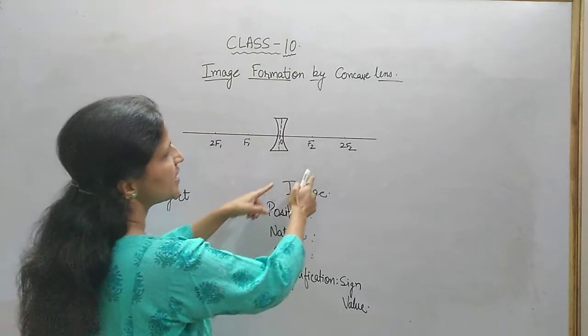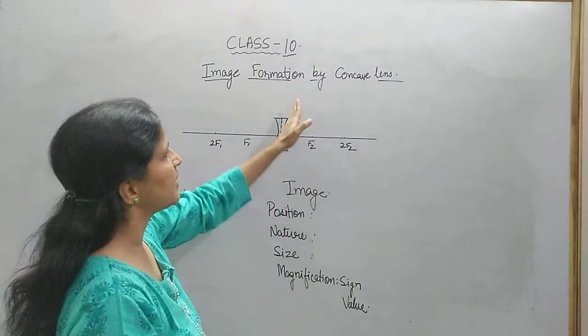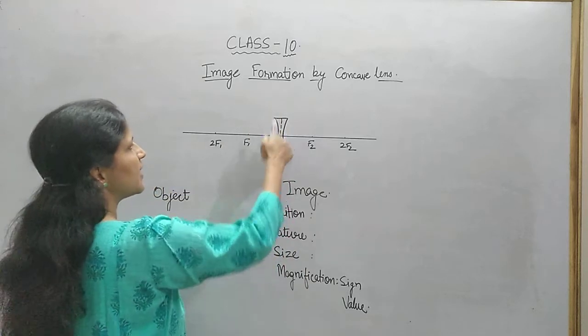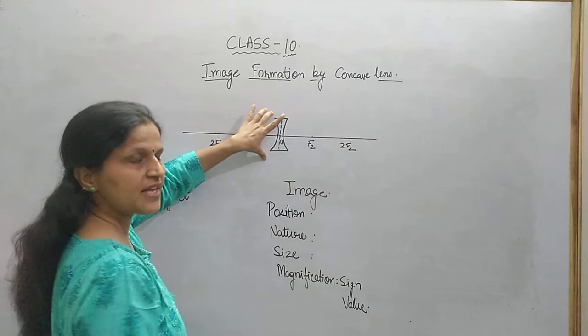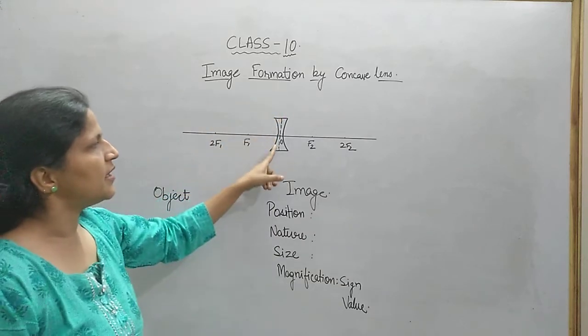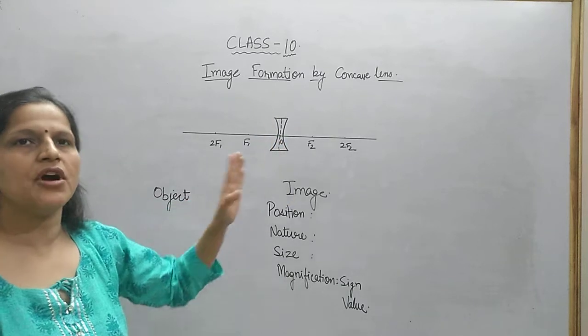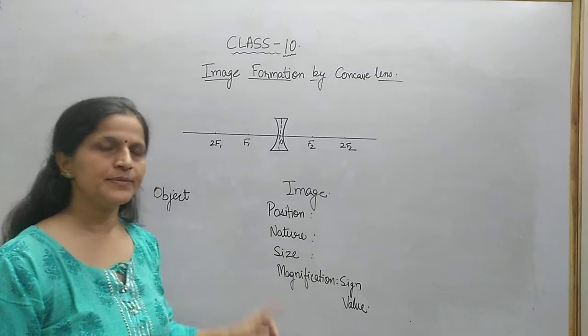With the same distance, put the compass needle on 2f2 and cut an arc here close to O. You join these 2 points and this will be a concave lens formed here. A line which is perpendicular to the principal axis passing through O, we call it the axis of lens. So this is how this entire structure will be formed.